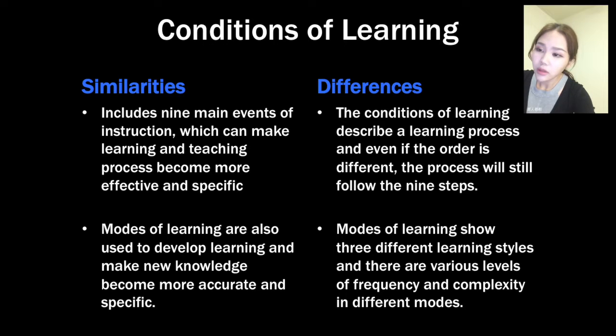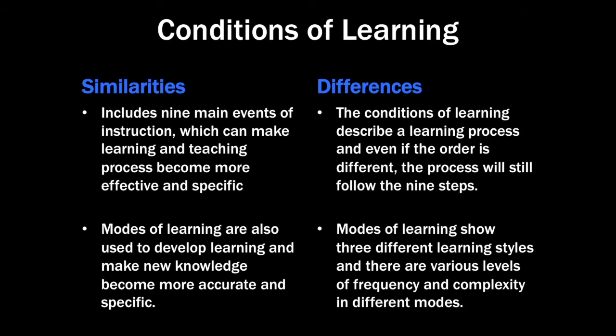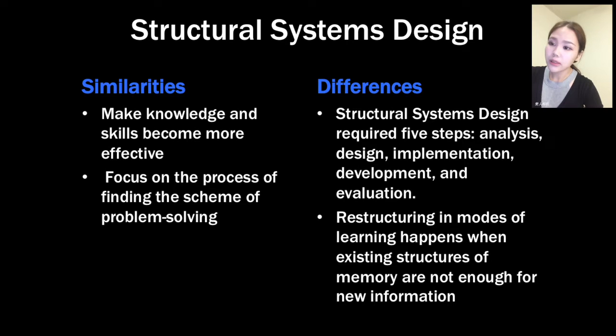Similar to this theory, modes of learning are also used to develop learning. However, the conditions of learning describe a learning process, and even if the order is different, the process will still follow the 9 steps. The third similar theory is design and models of learning, which make knowledge more effective and focus on the process of finding a scheme for problem solving.